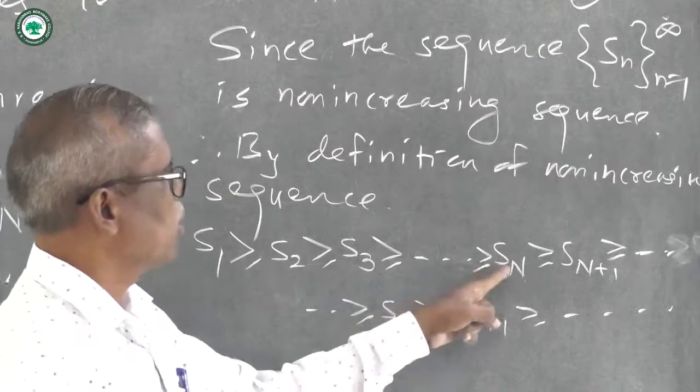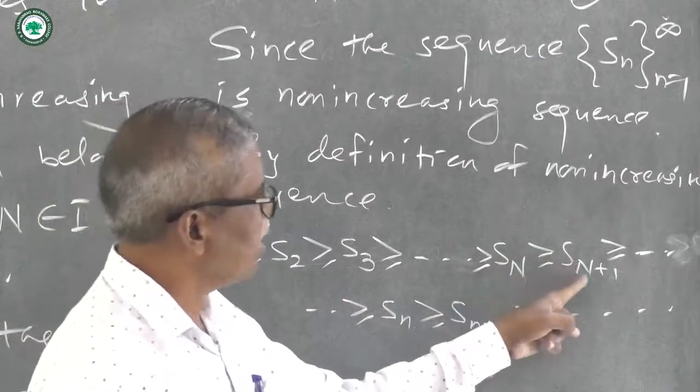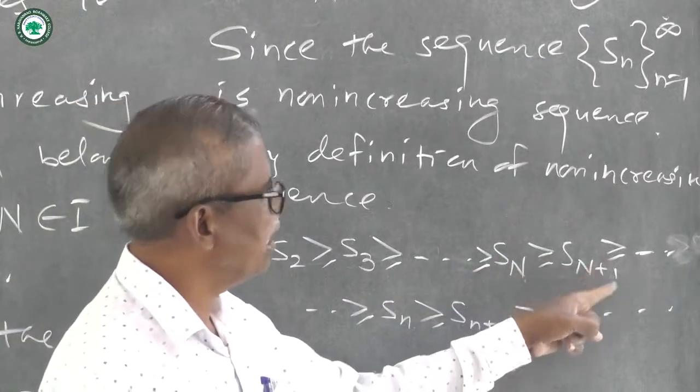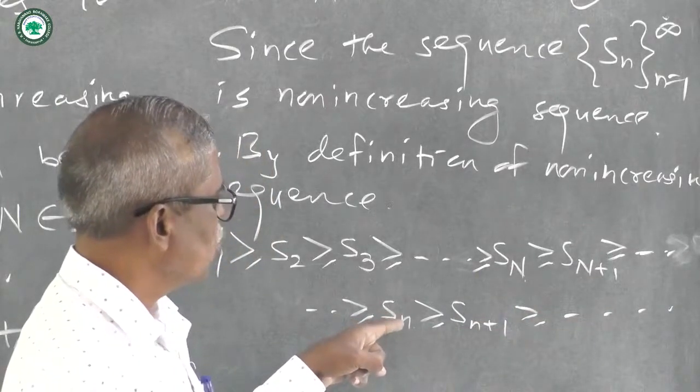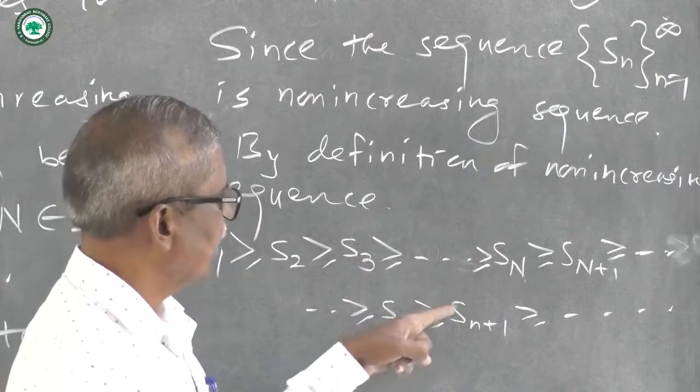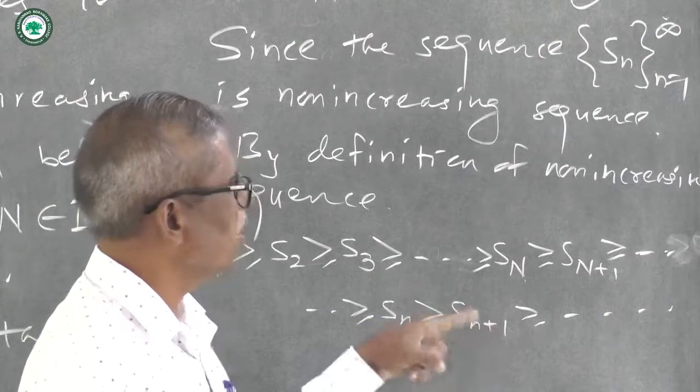Therefore, S suffix capital N is greater than or equal to S suffix capital N plus 1, and so on. S suffix small n is greater than or equal to S suffix small n plus 1.